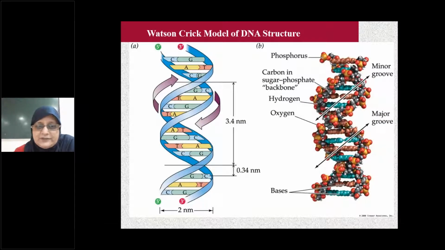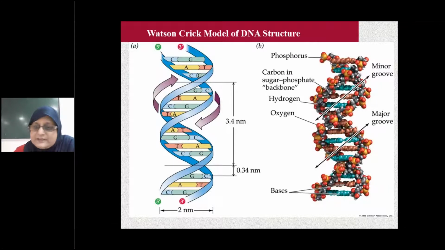So as you have seen, the Watson-Crick model of the DNA structure consists of two deoxyribonucleotide strands, which are wound in a right-handed helical structure.